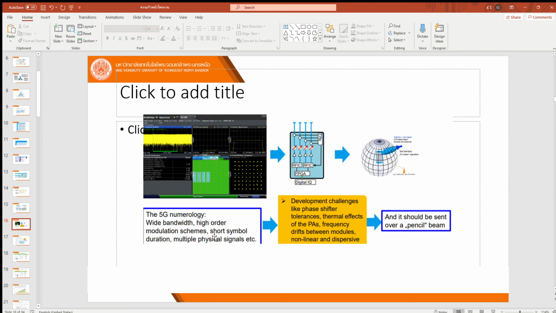And you can use the 5G numerology technique, which includes wide bandwidth, high-order modulation schemes, short symbol duration, and multiple physical signals. With this, you can talk to the antenna, and the antenna can use something like an FPGA inside, and then you can use digitalized IQ to talk to the antenna and transmit to the mobile phone with beamforming.